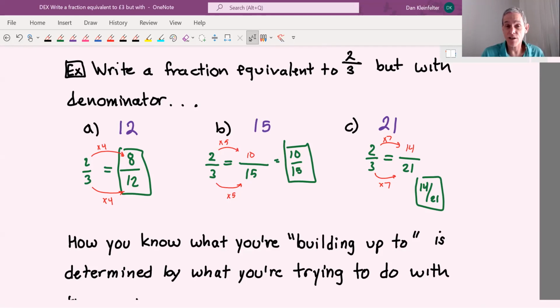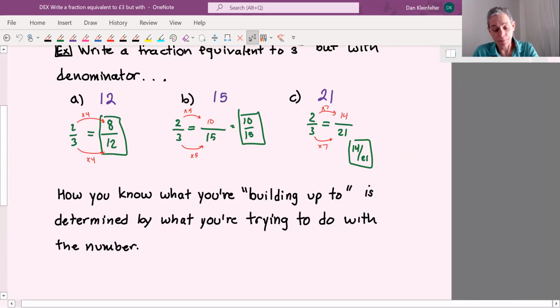In adding fractions, you'll need to know how to create a new denominator, as it'll turn out, but you'll learn more about that when we do addition of fractions. But the point is that you'll know at that time. And the short answer is that the denominator you need is dictated by what it is that you're trying to do with that number.